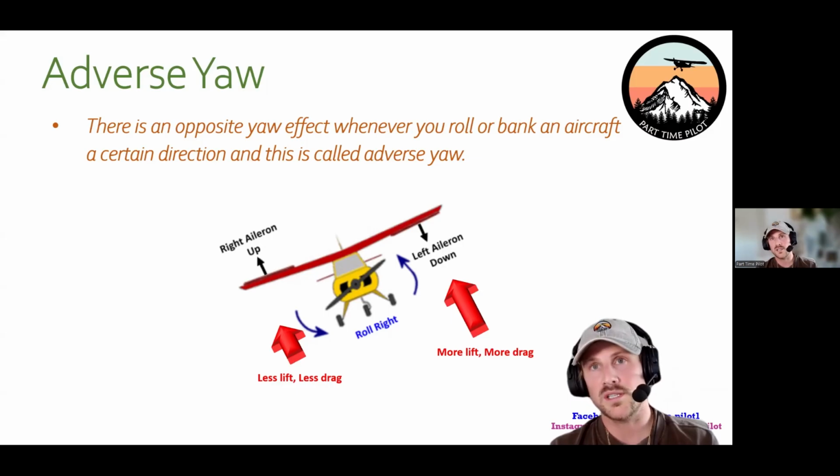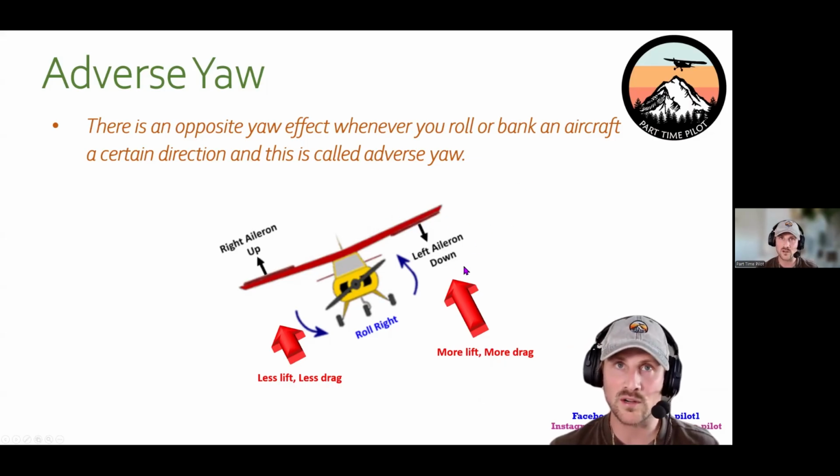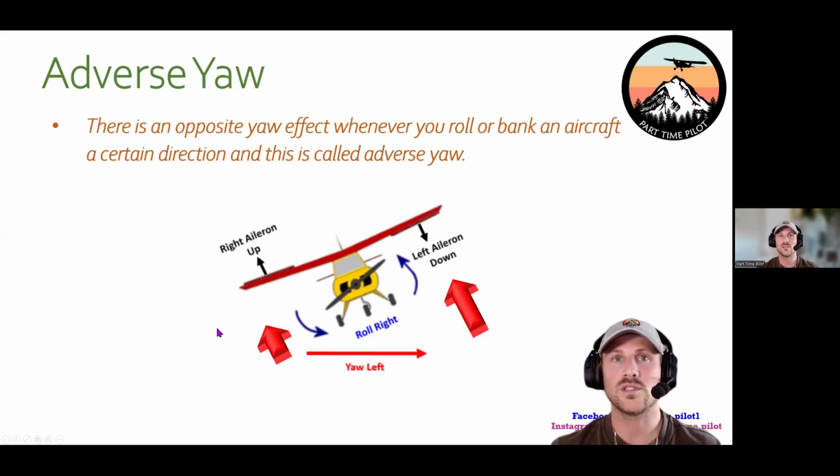So those vortices are creating induced drag, and the wing that is getting more lift is also getting more drag. So the wing that goes up in a turn is getting more lift, so it's getting more drag over here. When we have more drag over here and less drag over here, that makes us want to yaw in the opposite direction of the turn, right?